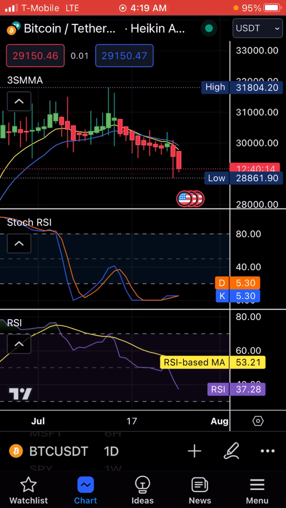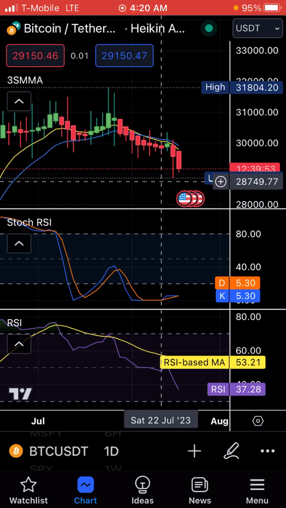What I would do is look at the high and low points on the daily or higher time frame. You could be doing this on the day and then the 4 hour, or the 4 hour and the hour, or the hour and the 15 minute. So longer time frame, shorter time frame.